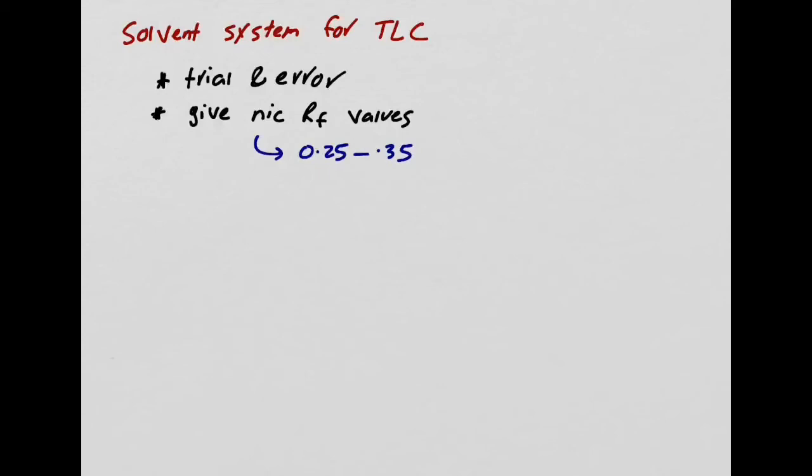So you want the RF value to be in the middle. You don't want it to be running off the plate, or you don't want it to not be even moving up at all. So to get the best result, you want a solvent system that is going to give you a nice RF value, and this would be a good range.